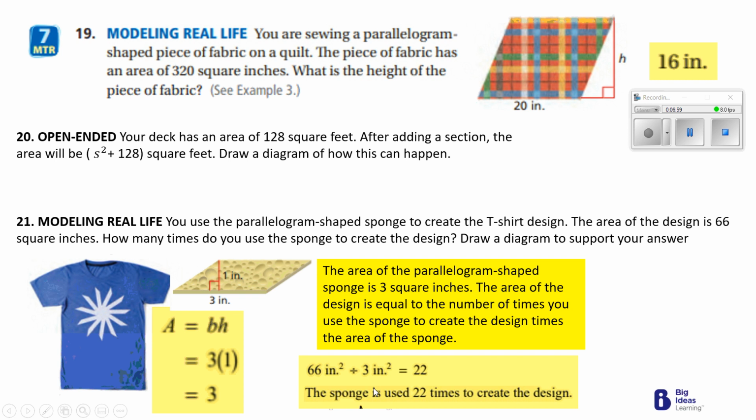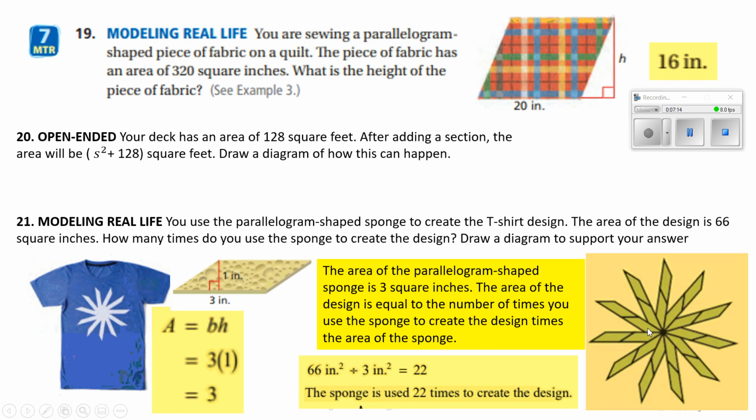That was the area of the shape that we have on our shirt. We're going to divide that by 3, and that gives us 22. So the sponge is used 22 times to create this design. And the design would look like this. All right. Let's go ahead and move on.